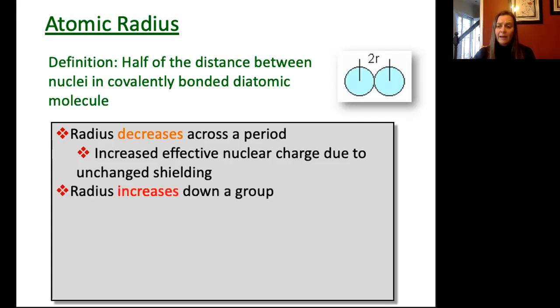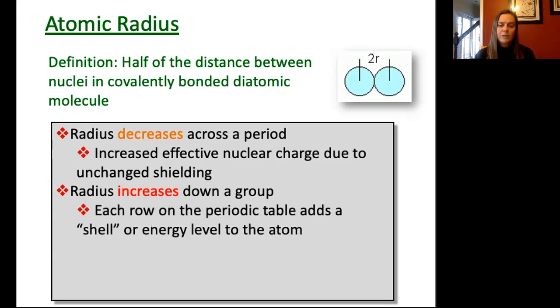But as we go down a group, we're increasing energy levels, we're increasing the number of protons, but we're also increasing the number of core electrons. So we're increasing the number of energy levels. As we add shells, as we add energy levels, the radius actually increases. So as we go across a period, radius decreases. The atom actually gets smaller, even though there's more stuff.